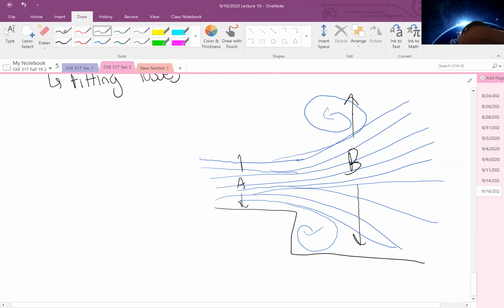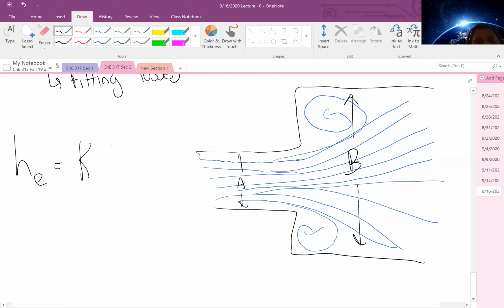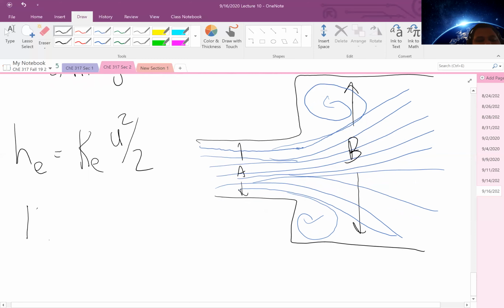And so we can quantify that energy dissipation as a form of friction loss, which we can denote h sub e, which is equal to K_e times u squared over 2, where K_e is a coefficient of expansion, which can be approximated by the expression 1 minus A sub A over A sub B, squared.